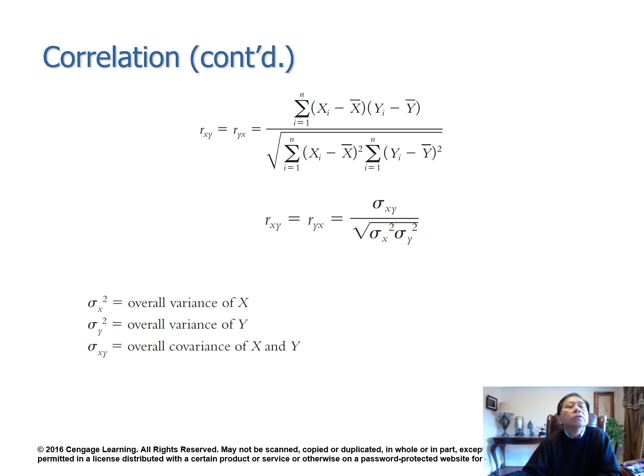Sigma x squared is the overall variance of x, and this is the overall variance of y. And sigma xy is the overall covariance of x and y. You can see this is the correlation coefficient, the standardized measure, basically the ratio of the covariance. This is the formula.